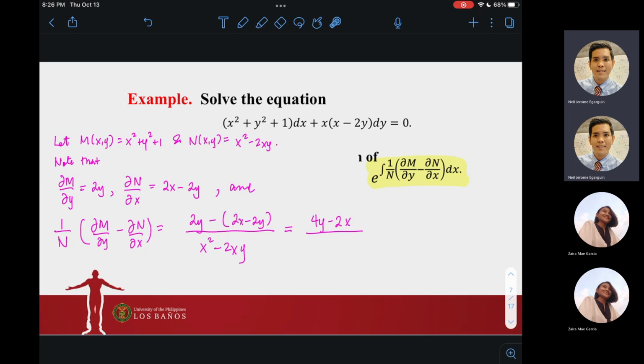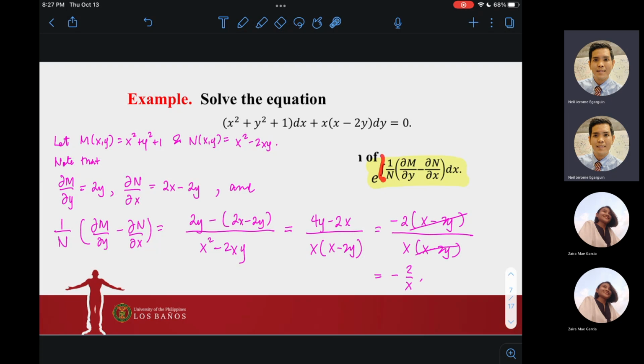I can factor out an x, so x times x minus 2y. And then I'll see if I can factor the same thing from the numerator para mawala yung y. Kasi ang gusto kong mangyari, ito ay maging function lamang ni x. Para ito, makukuha natin yung actual integral niya, which is our integrating factor, right? But here I can factor out a negative 2, and we'll end up with x minus 2y over x times x minus 2y. The x minus 2y's will cancel each other, so we'll be left with negative 2 over x.